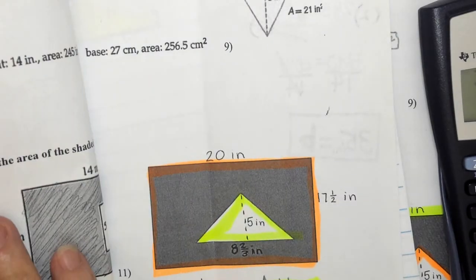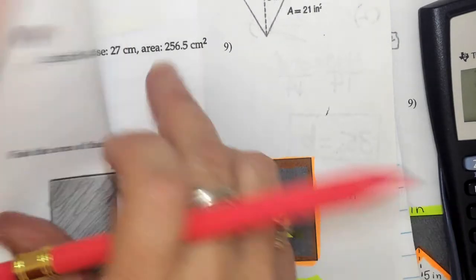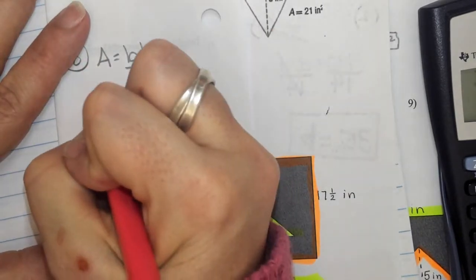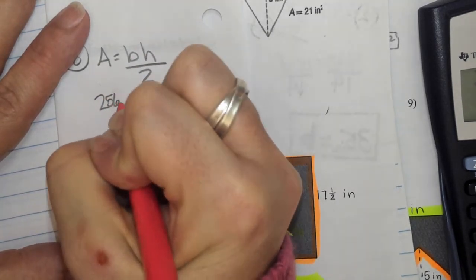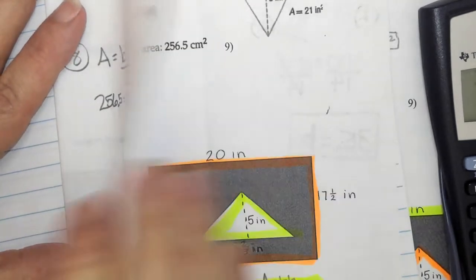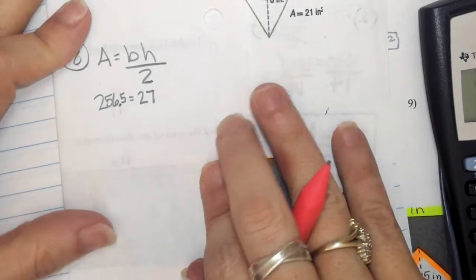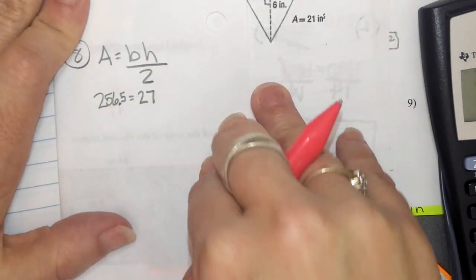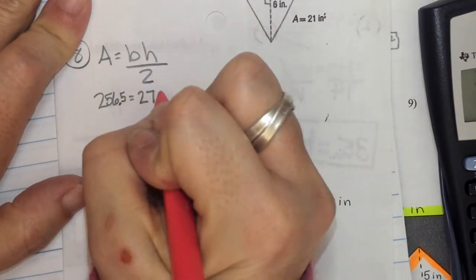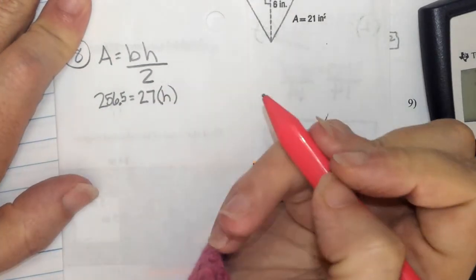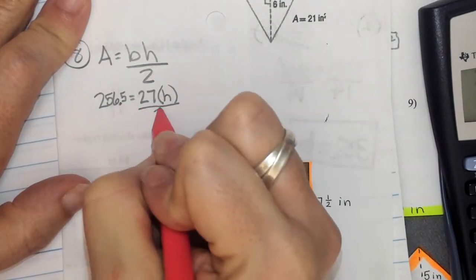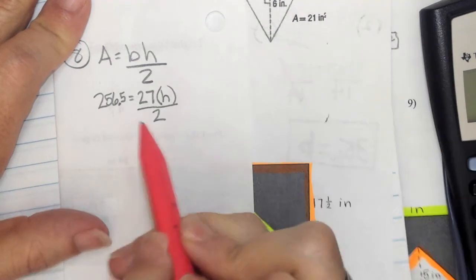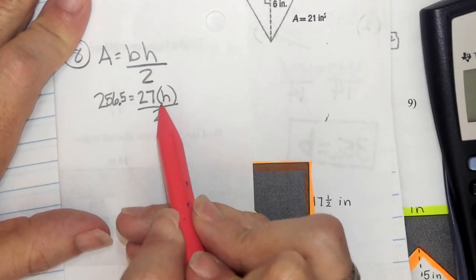And an area of 256.5. I want to make sure I copied that right. 256.5. Okay. And what we don't know is the height. The height is what is missing. It is our missing dimension. And triangles are always divided by 2.